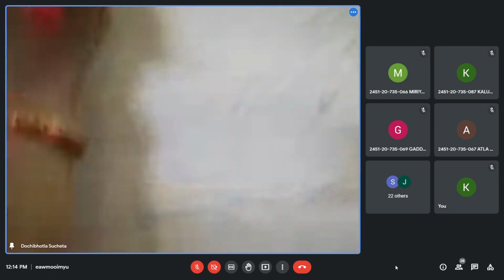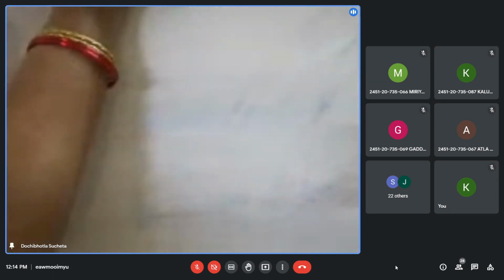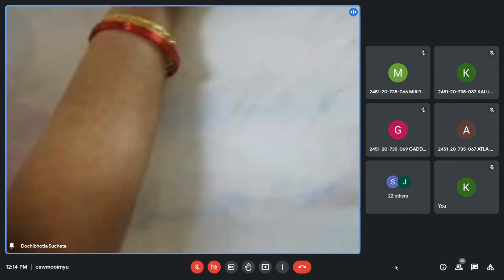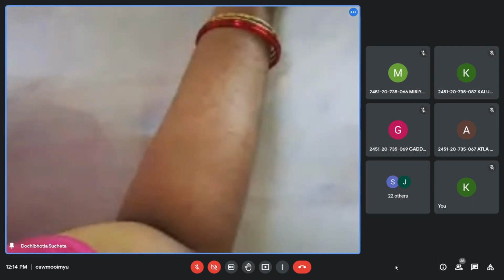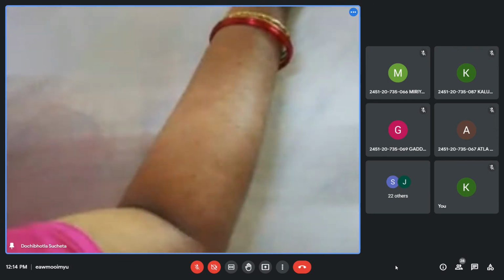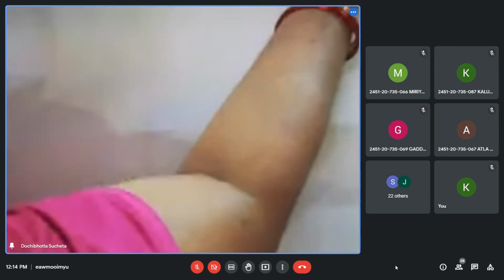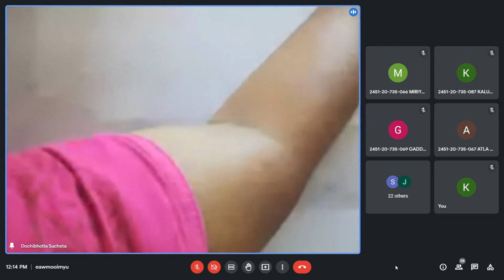That means 44 grams of carbon dioxide occupies 22.4 liters volume.